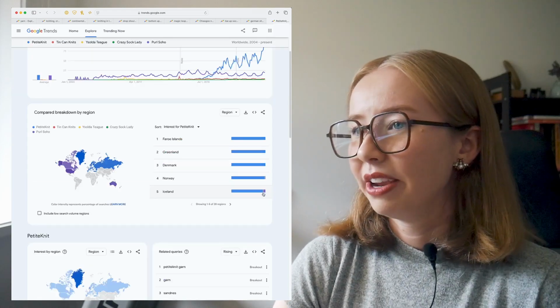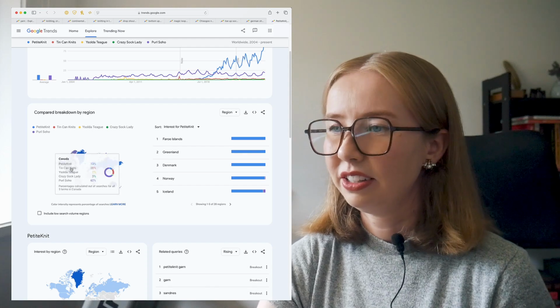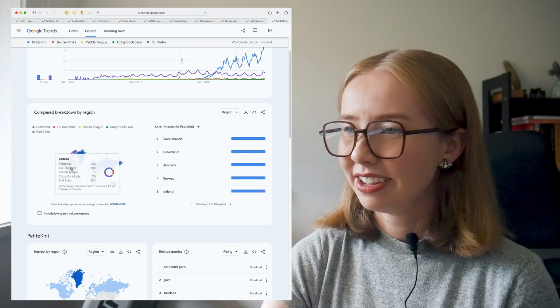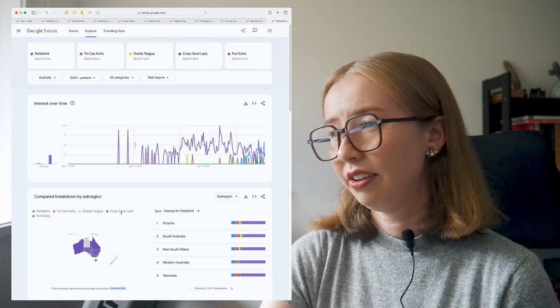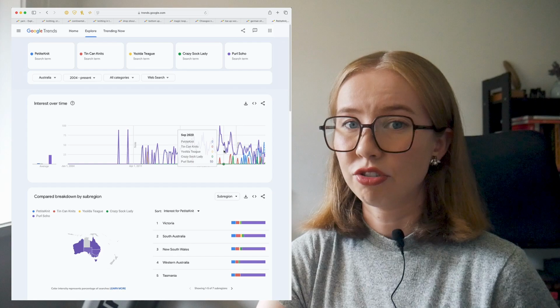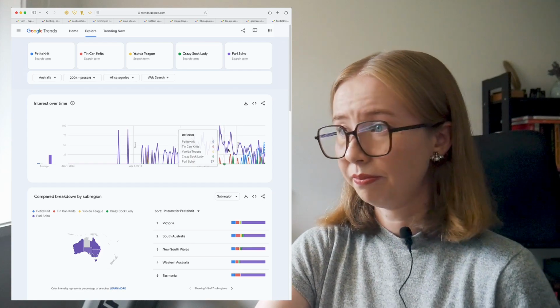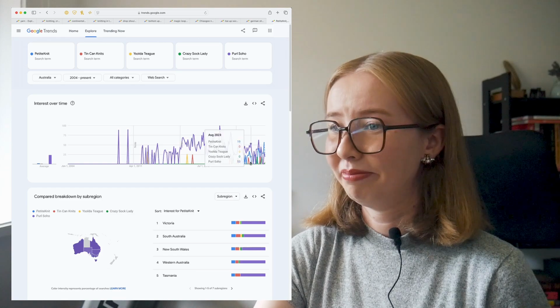And there's a bit of an interesting breakdown by region. So Pearl Soho still has a grip on the United States, Canada, and Australia. So we'll drill down into there. You can see that Pearl Soho has a longer history and a stronger history of searches in Australia. But Petite Knit, this blue line, is coming up.